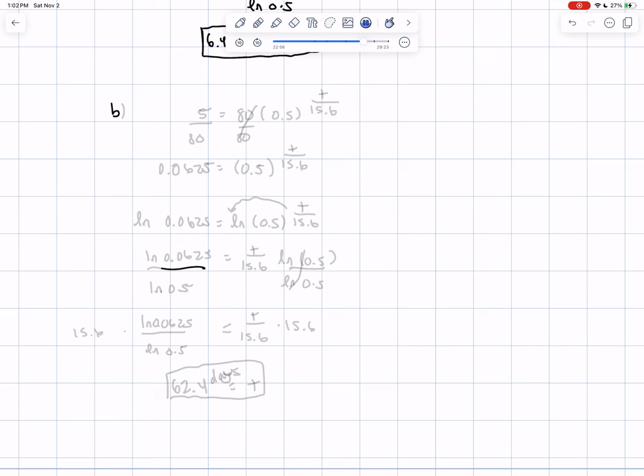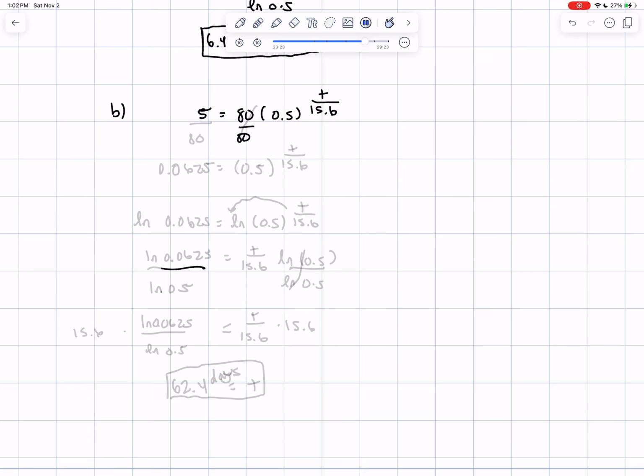Now, the second one, they said that our A was 5, so we're just going to use 5 instead. So 5 equals 80. I'm going to turn that into 0.5 because it's 1/2. It's easy to just do. Since I don't have another 0 next to the 5, I'm just going to divide it as is.